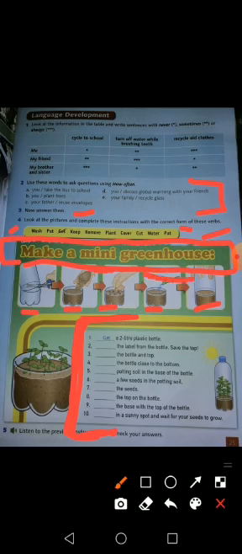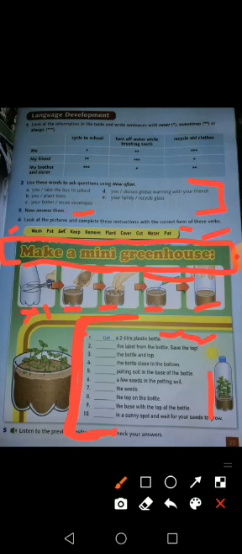So, look, the first one: get a 2-liter plastic bottle. This is number 1. Can you see? The second one is remove the label from the bottle. Save the top. Here we have a label, right?